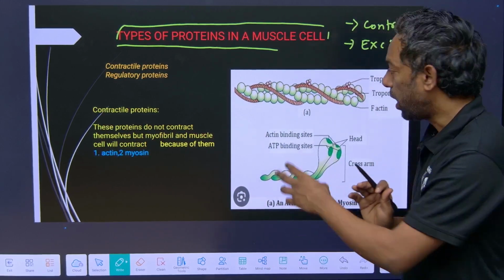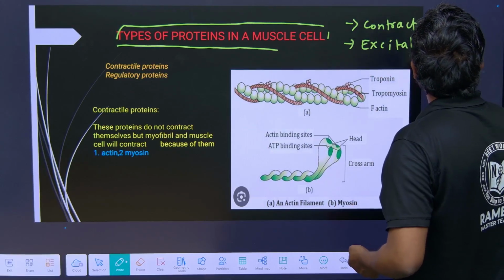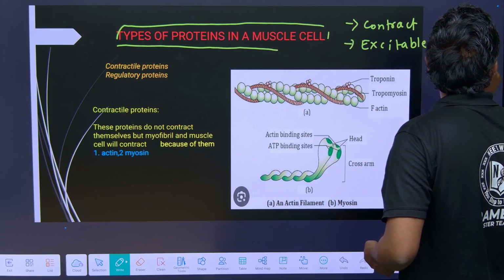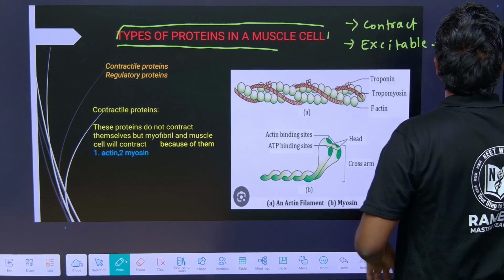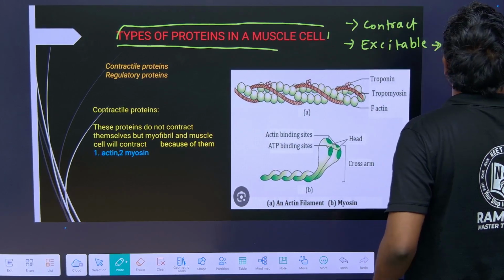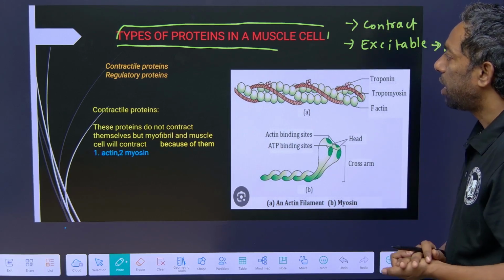These two characteristics are there in the muscle cell. The only other excitable cells are nerve cells, the neuron cells.